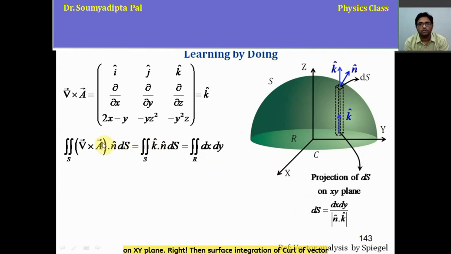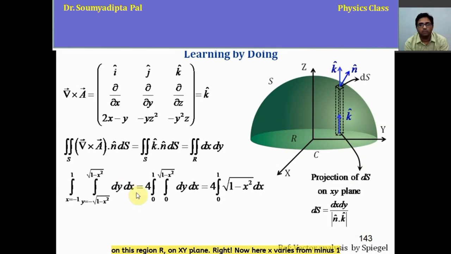Then the surface integration of the curl of vector field A takes this form. This is the surface integration on this region R on the xy plane, right? Now here x varies from minus 1 to 1 and y varies from minus root over 1 minus x² to plus root over 1 minus x².